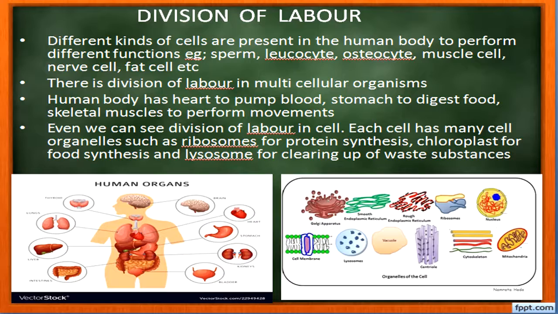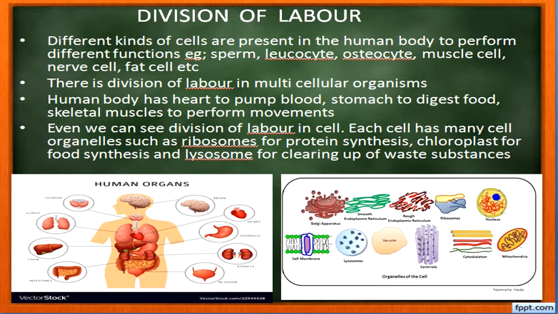Whereas in a unicellular organism, the same cell has to perform all the functions of digestion, respiration, circulation, reproduction, everything it has to carry out on its own. So division of labor is not seen. And we can see the work being shared by different cell organelles such as ribosomes, endoplasmic reticulum, lysosomes.